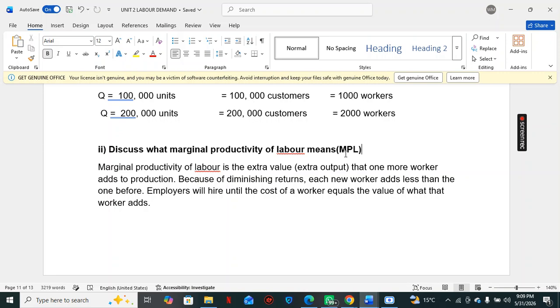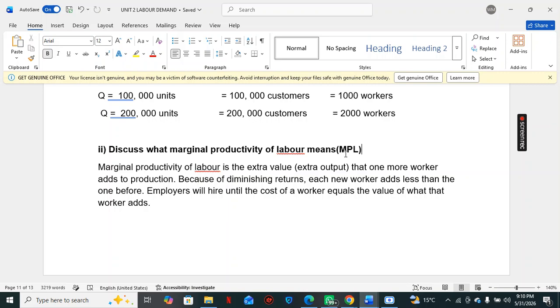But eventually, due to restriction of resources in terms of capital, land, and other resources that the firm has, those resources will be constrained. So the more workers you start bringing in, their additional output will start dropping.